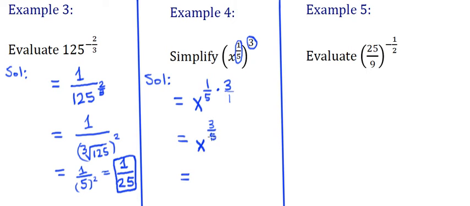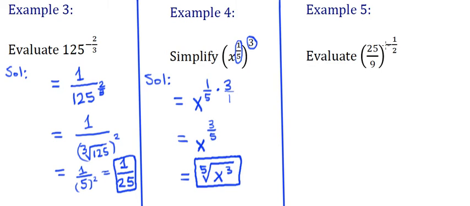How? Well, take the denominator, make it the index of the radical, and then x should go inside raised to the third power, right? This is the way you deal with a base that is a variable, such as x. And then that's it. This should be your final answer.